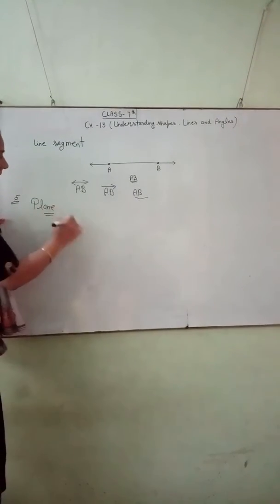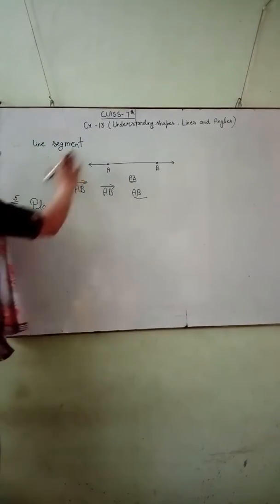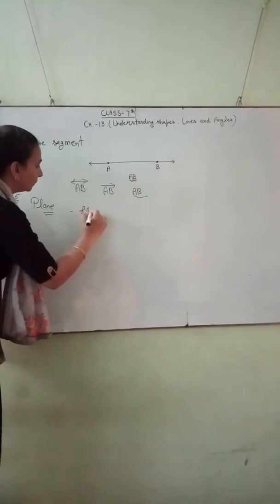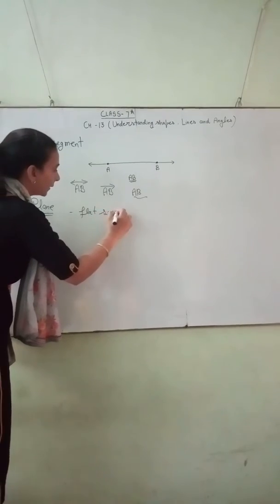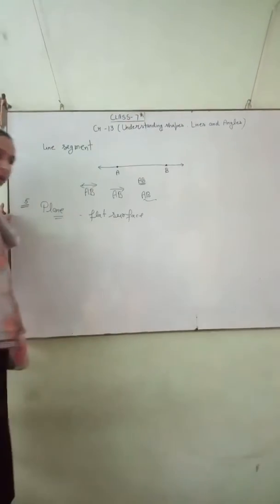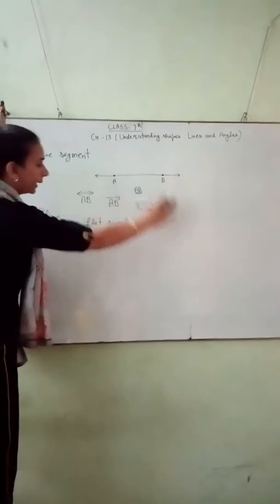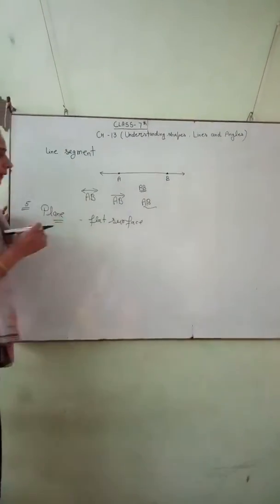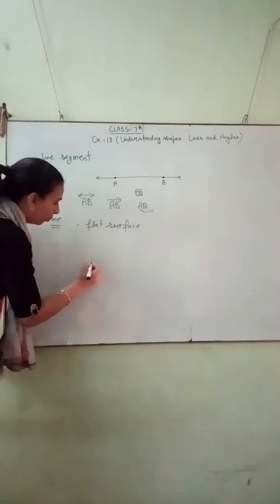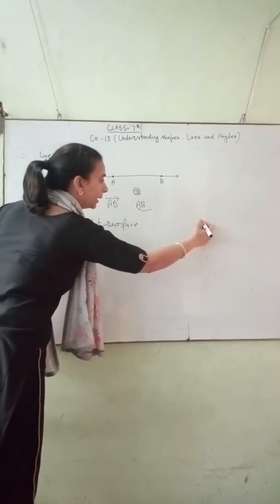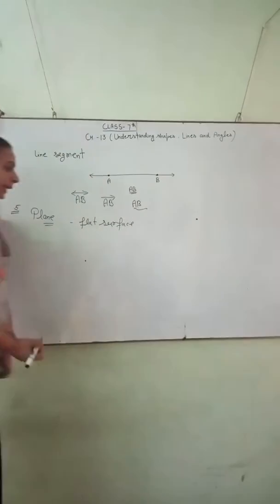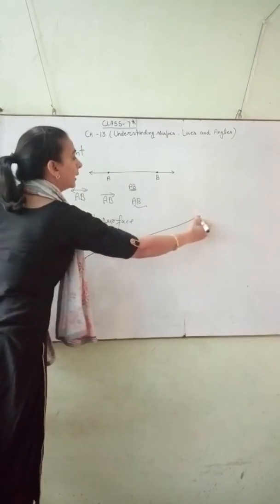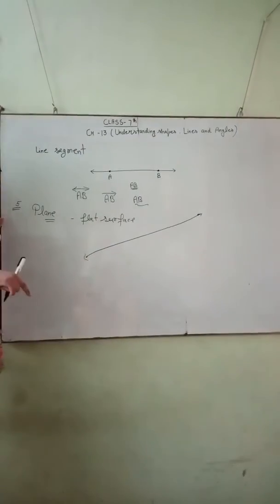After that, point number 5, a plane. What is a plane? A flat surface is called a plane. For example, if we take this board, this is a plane. A main point of a plane: if we take any 2 points on a surface and join these 2 points to make a straight line, then it represents a plane.